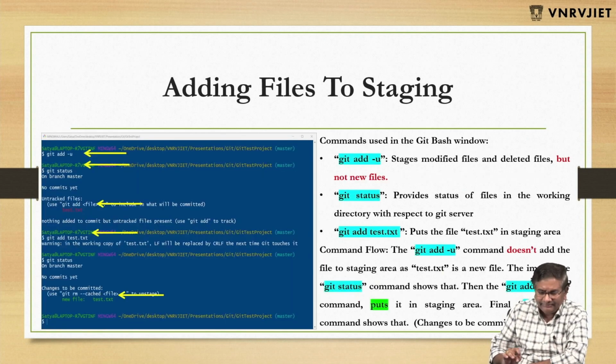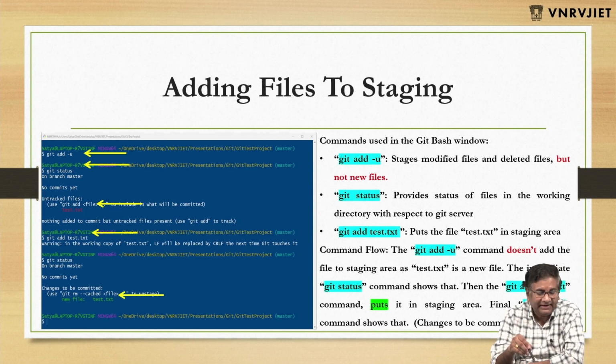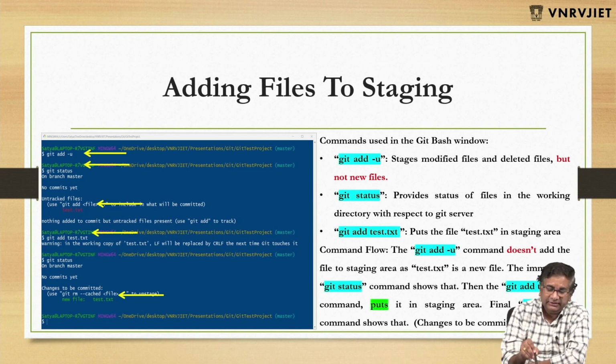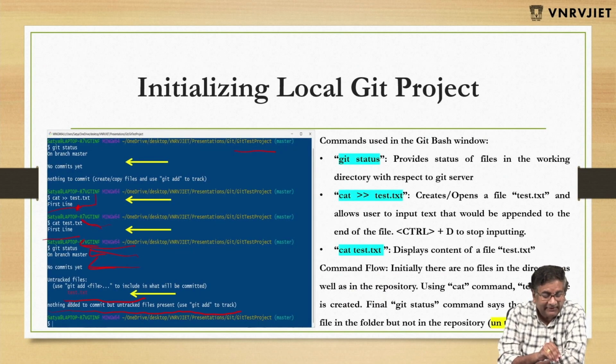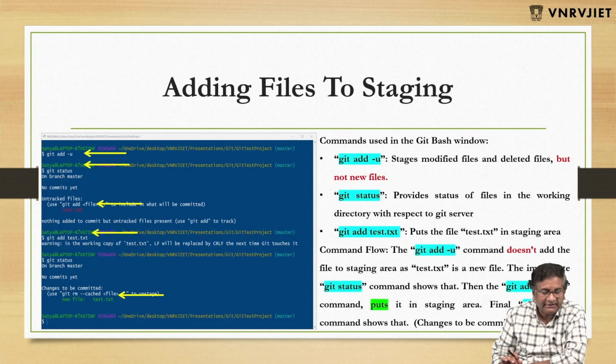Let's see how to put a file in the staging area, adding files to the staging. The first command is git add -u. If you remember, I created a file called test.txt in this folder, which is not even put into the staging. The first step we need to do is put it into staging. First I typed the command git add -u.